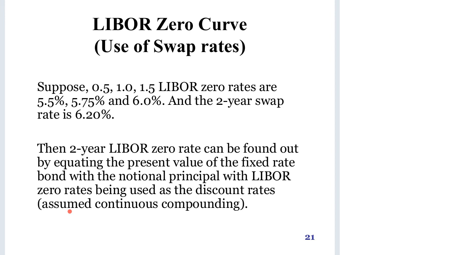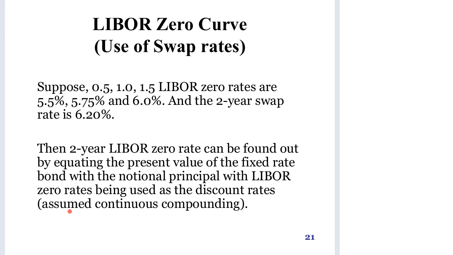We just equate the present value of the cash flows. Because the deal in a swap, irrespective of what type of swap it is, is that the NPV of the swap has to be zero at the start of the swap. So at initiation, the value of the swap will have to be zero. In other words, the value of the fixed leg and the value of the floating leg have to be equal.